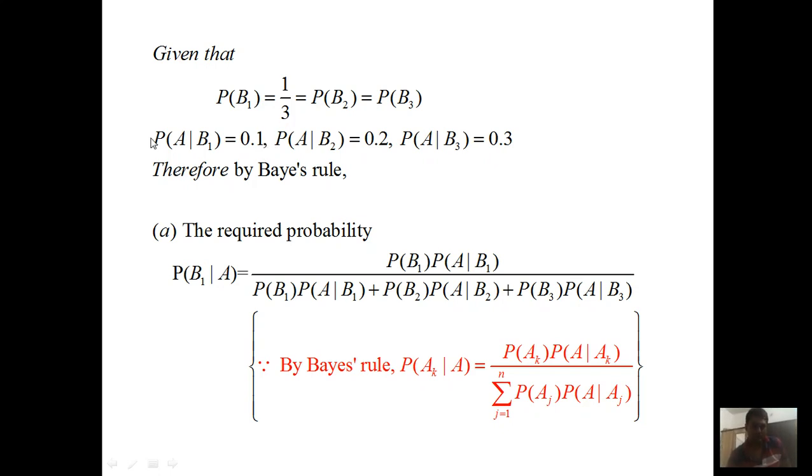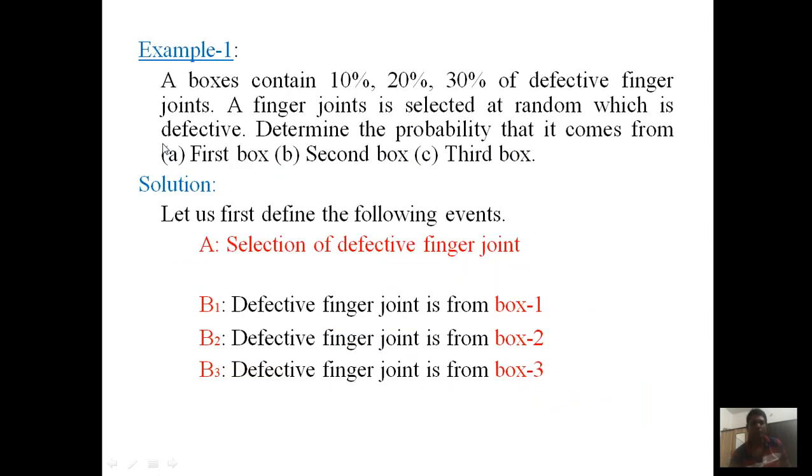Now probability of A given B1 is equal to 0.1. This is given in the question. See here, the first statement of the question says that a box contains 10% defective finger joints.